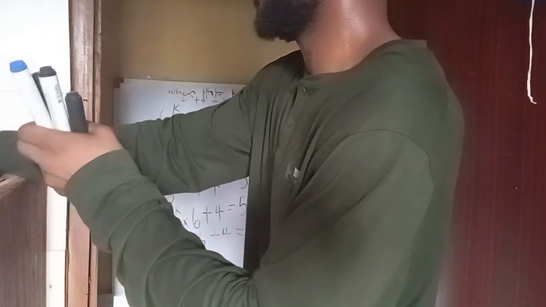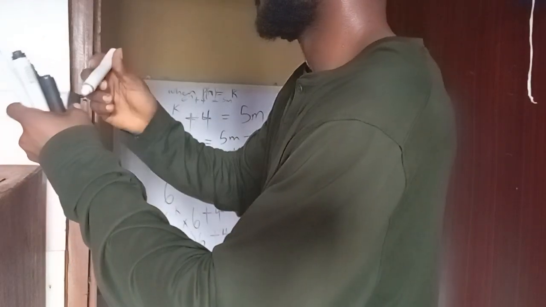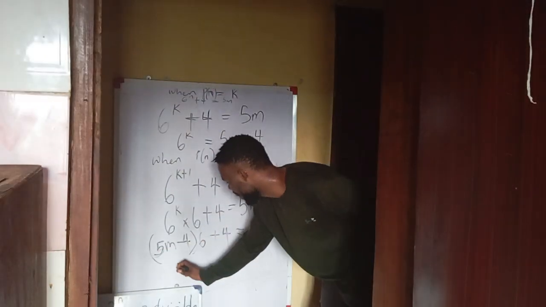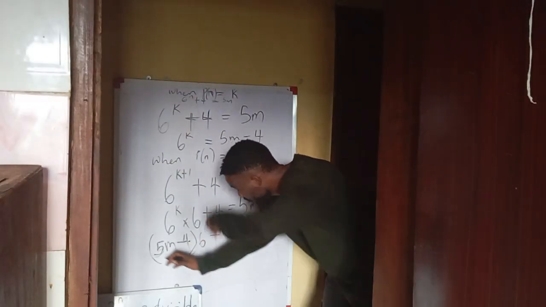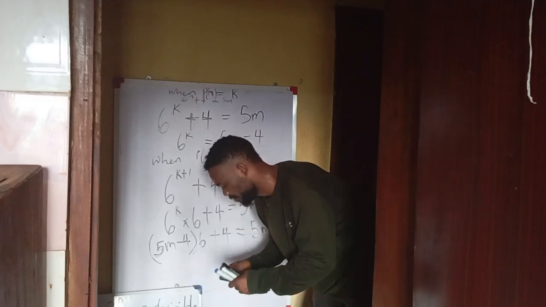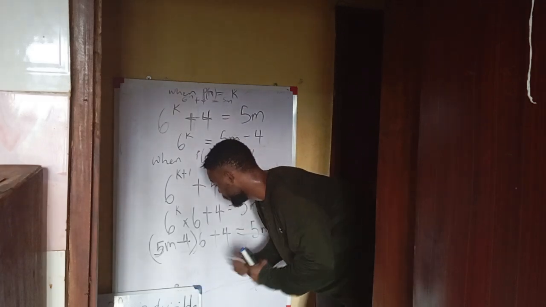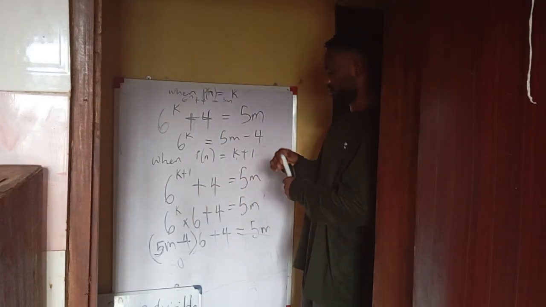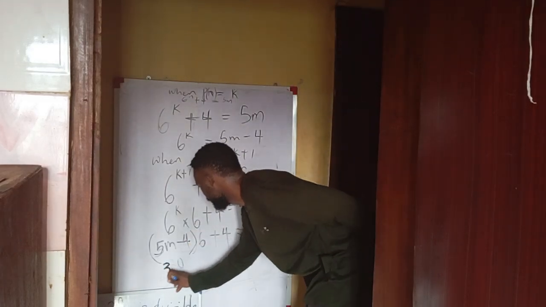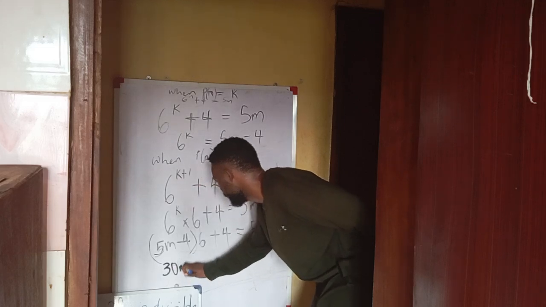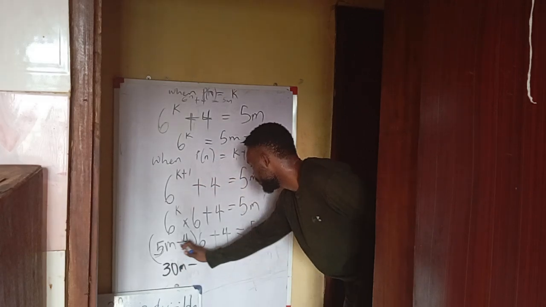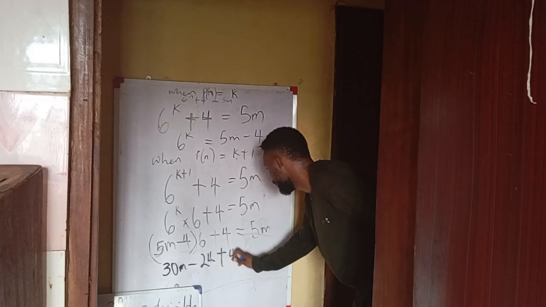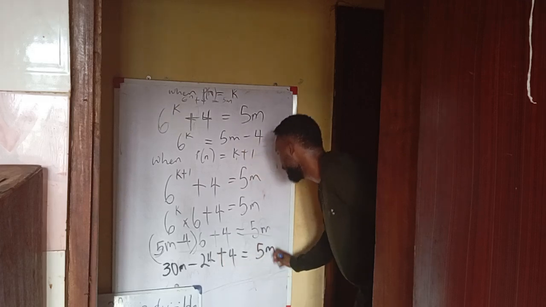So this is going to give me 6 times 5m. 6 times 5 is 30m. Wonderful. 30m minus 24 plus 4 equals 5m.